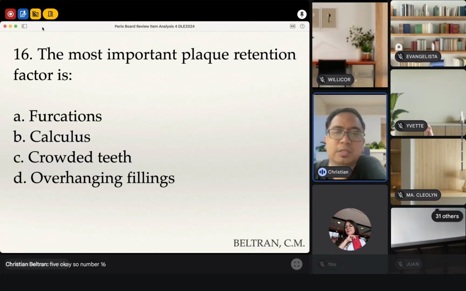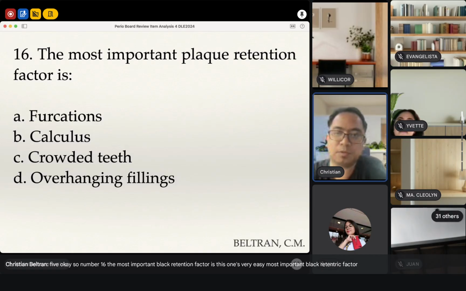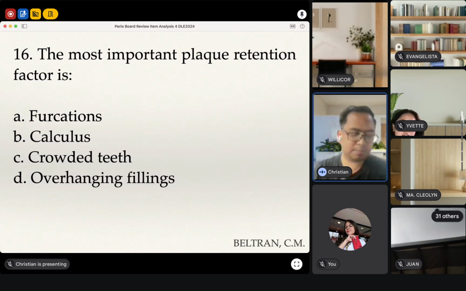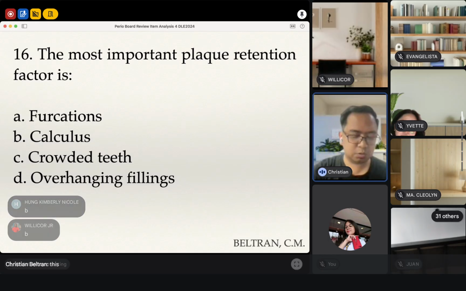So number 16, the most important plaque retention factor is, this one's very easy. Most important plaque retention factor. Most common. All of us would have this: calculus.